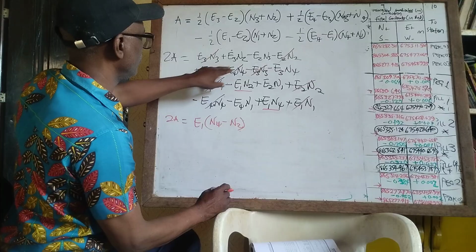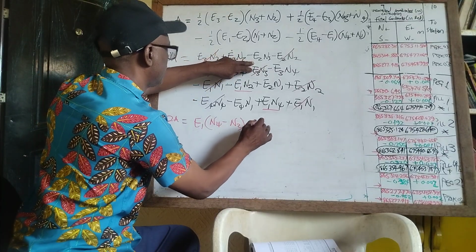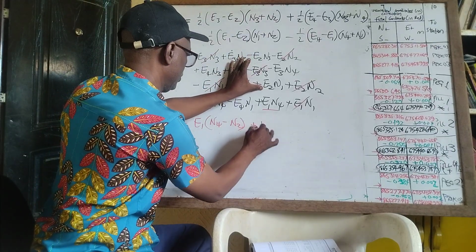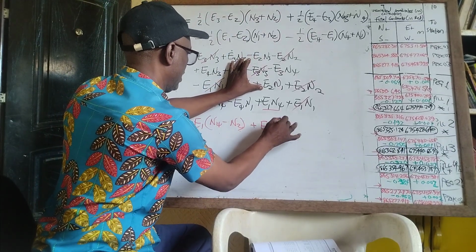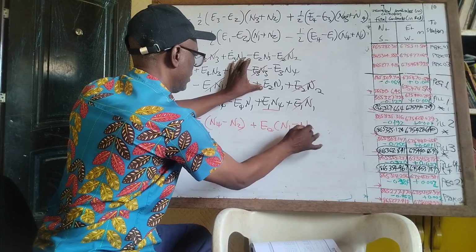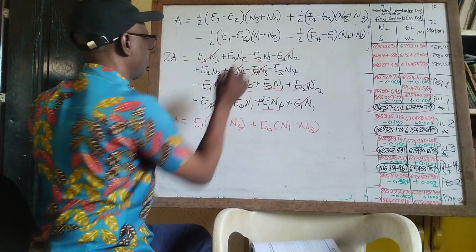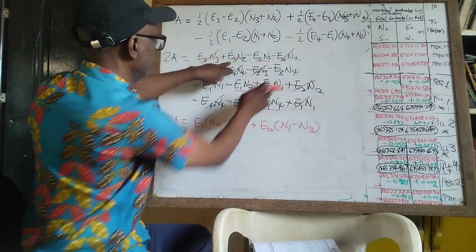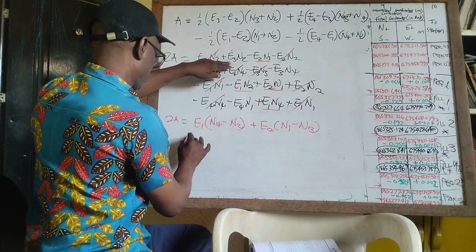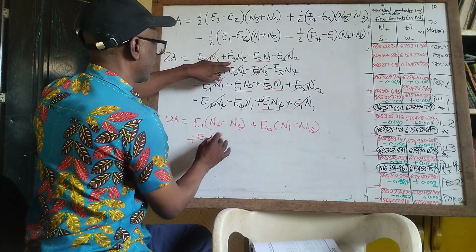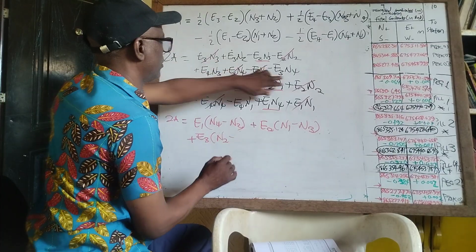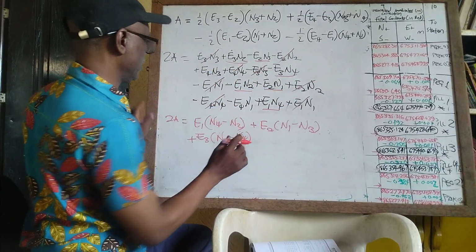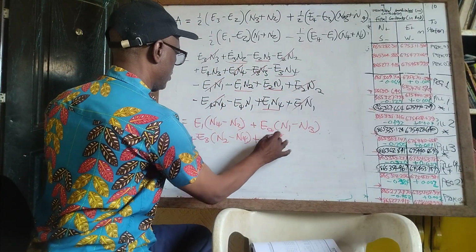So I've taken care of this. Now let me look for E2, plus, where is the second E2? Here. So plus E2 into bracket N1 minus N3. So I've also solved this. Where is my E3? Go to E3 and E3. So plus E3 into bracket N2 minus N4. I've also solved this. Now remaining E4 into bracket what?